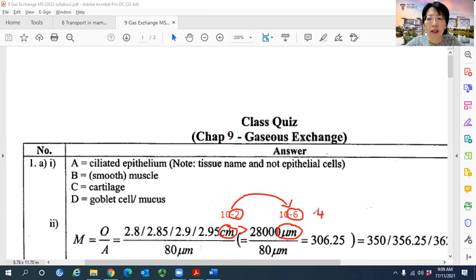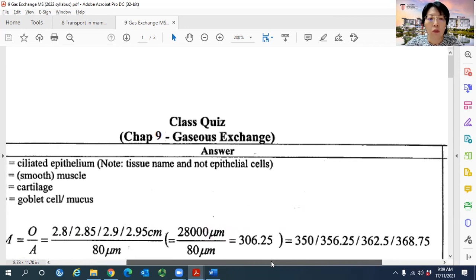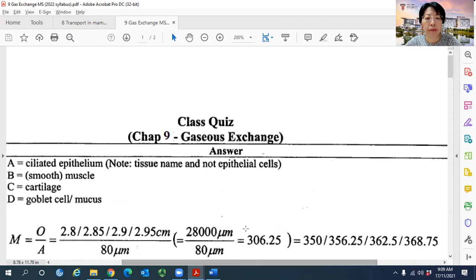So you need to decide whether this is a +4 or -4. So if this unit is bigger than this unit, then it is a +4. So therefore it's 2.8 times 10 power of 4 micrometer. So you need to know how to do conversion, right? Once you've done this question, if you know that you do not know how to do conversion, you must revise and make sure you learn it up, okay?